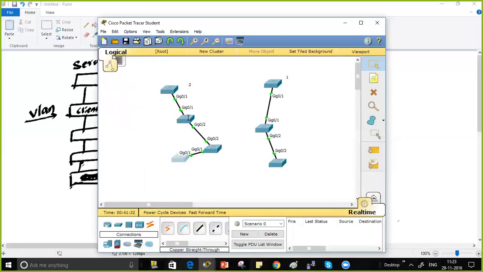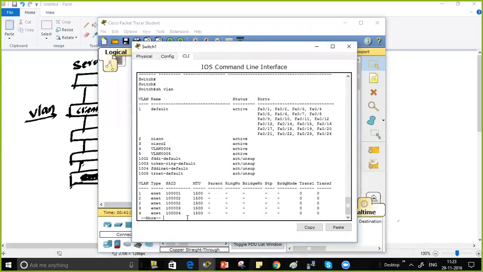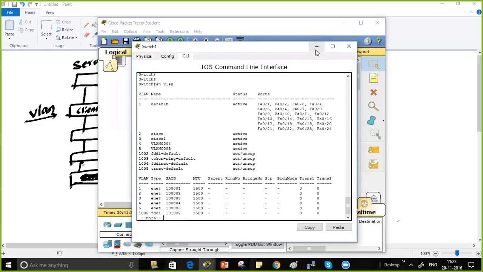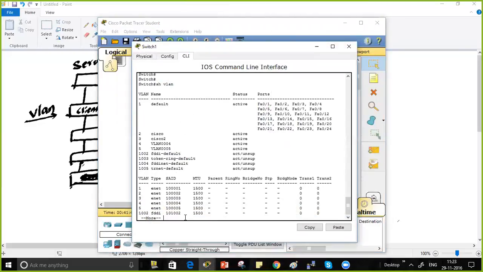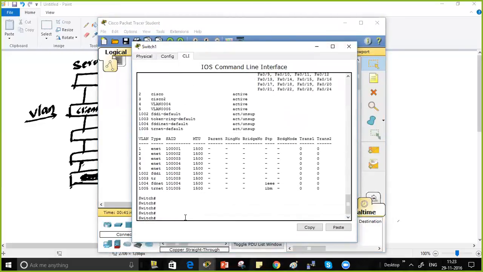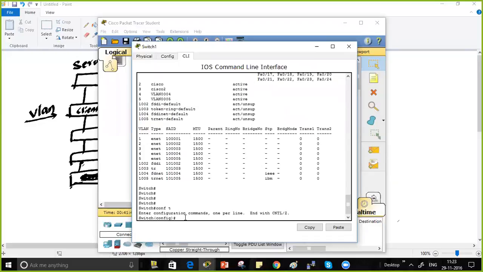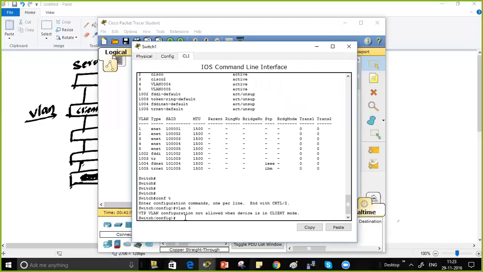Here these are clients, right? This is a client switch, right? I am trying to configure VLAN 6 here. What is it saying? VTP VLAN configuration not allowed when device is in client mode.